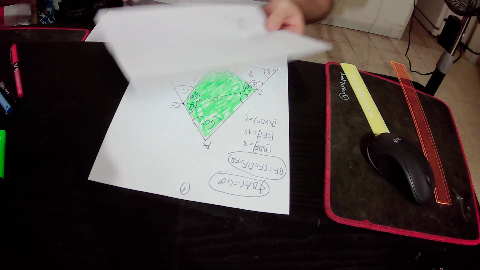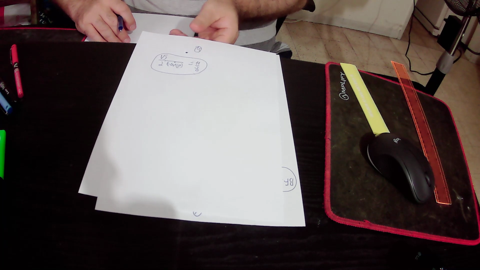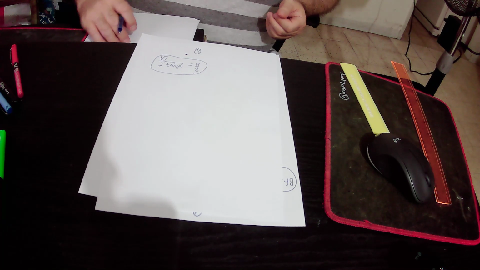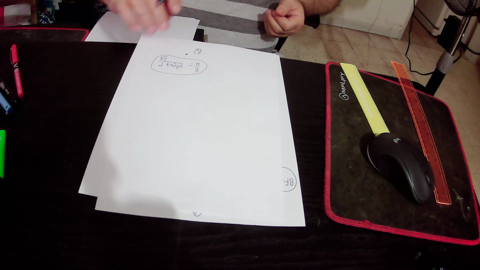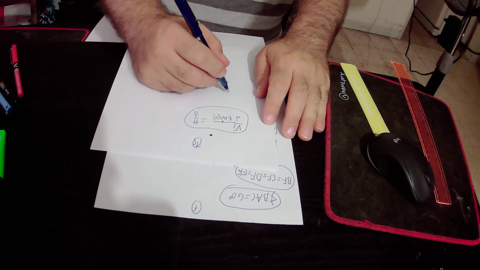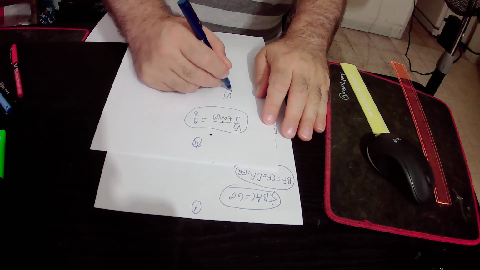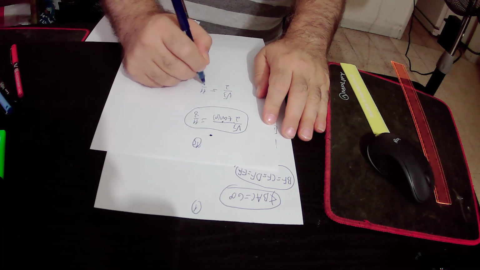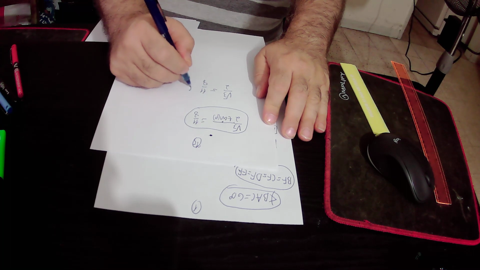We found out that root 3 over 2 times tangent P equals 11 over 8. Here we will multiply this equality by tangent P, and we will get that root 3 over 2 equals 11 over 8 times tangent P.